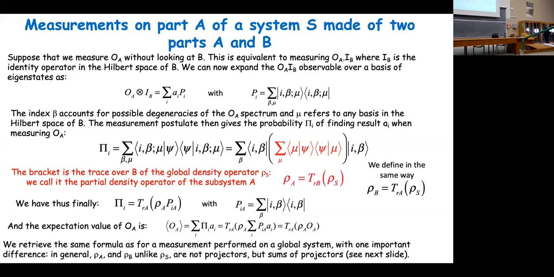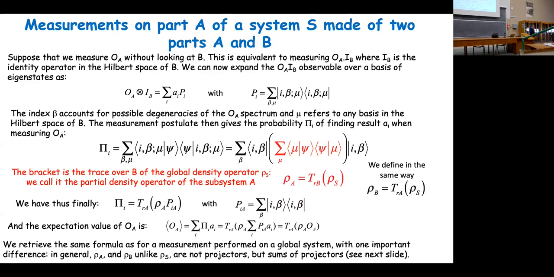The result we get is that the expectation value, the average of all possible measurements if you do the experiment again and again on an observable of A, is the trace of OA rho A. So rho A contains all the information you need to predict results of experiments performed on a part A of a system which is entangled with a system B. So apparently nothing is new here, except that rho A is no longer a projector.